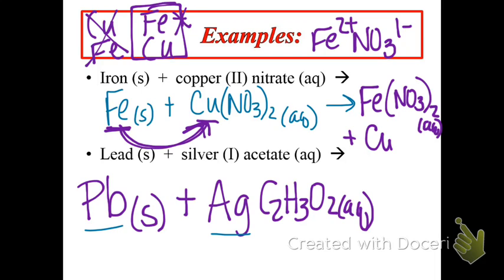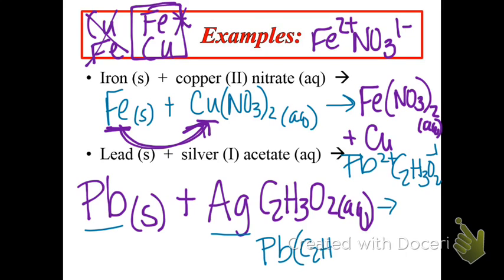So again, we're just going to be consistent. I'm going to just have you guys from now on use 2+ charges just so it makes it easy and I don't get 500 questions about it. So Pb with a 2+ charge is going to go with acetate, C2H3O2 with a 1- charge. I'm running out of room, so I'll just write it down here. So your product is Pb(C2H3O2)2.